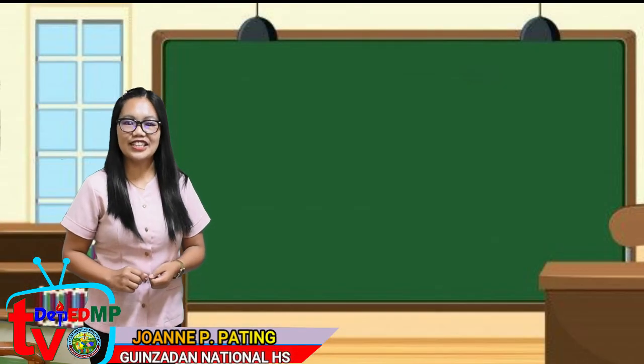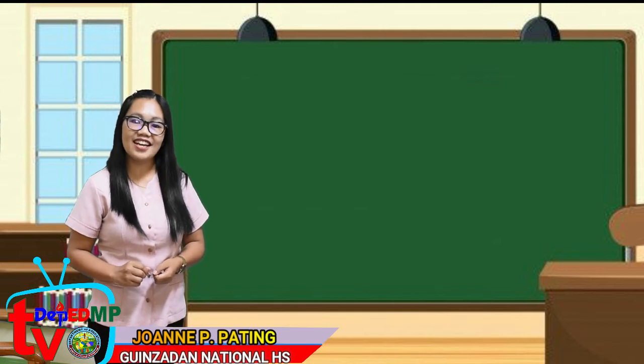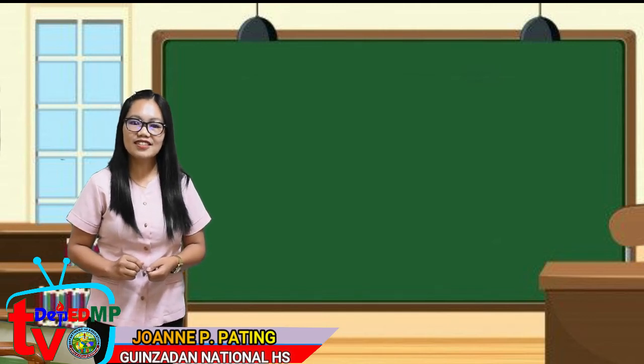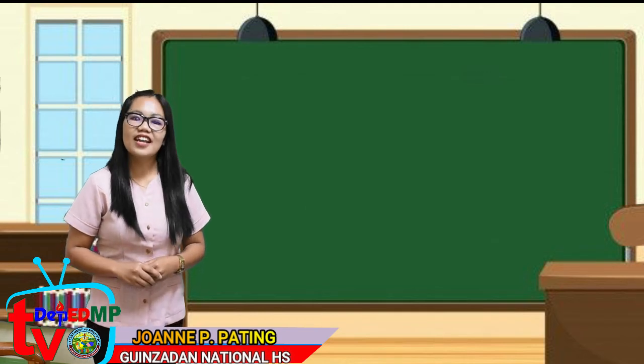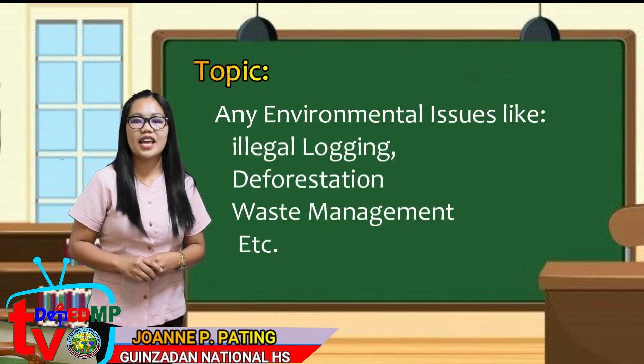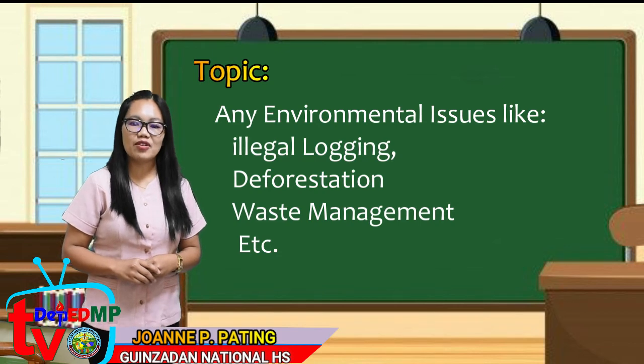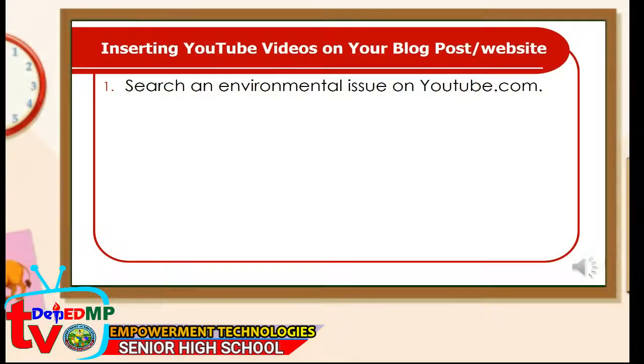Now that you have learned the contents of multimedia and its importance to the different fields, please edit the website you created last time, then insert a YouTube video about any current environmental issue.